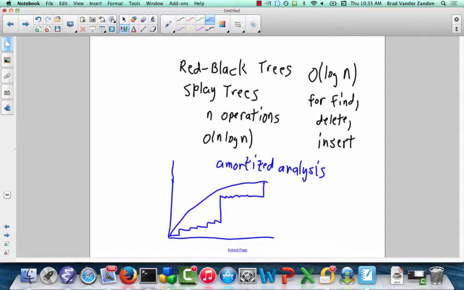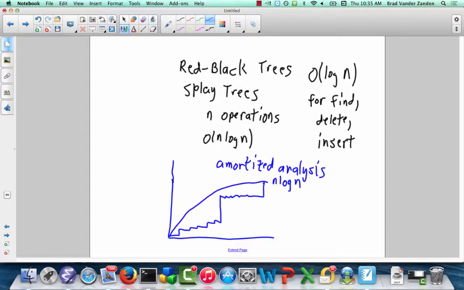Boom. So a splay tree may have a couple really inefficient operations that take more than log n time, but because they have so many intervening operations that take much less time, they always stay under this n log n curve. And therefore, for any set of n operations, the average time is log n.